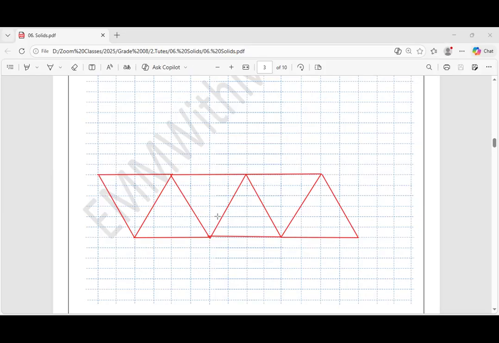6 equilateral triangles. Now I told you to remember how many equilateral triangles there are for an octahedron. There are 8 equilateral triangles in total. So where are we going to draw the other 2? Already we have 6 triangles.